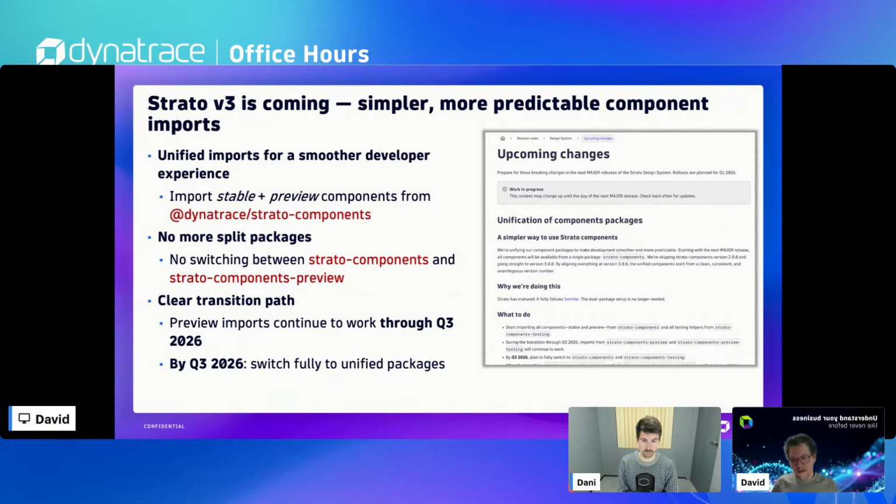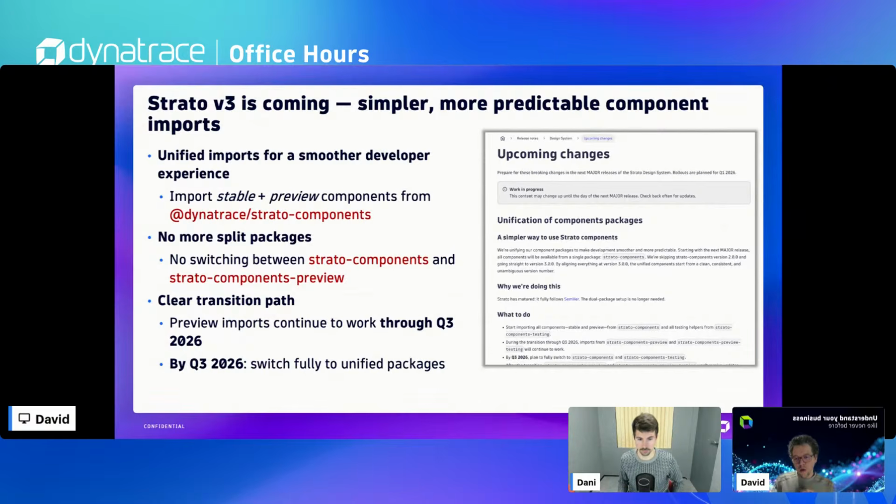Indicating Strato Components is stable, Strato Components Preview is maybe not so stable, and you'd have to always selectively import from this package or from this, which is a little bit cumbersome and not so easy to get on the first try. And this will be unified.